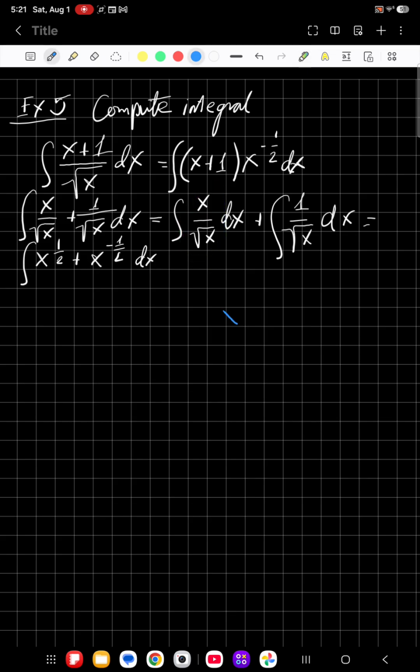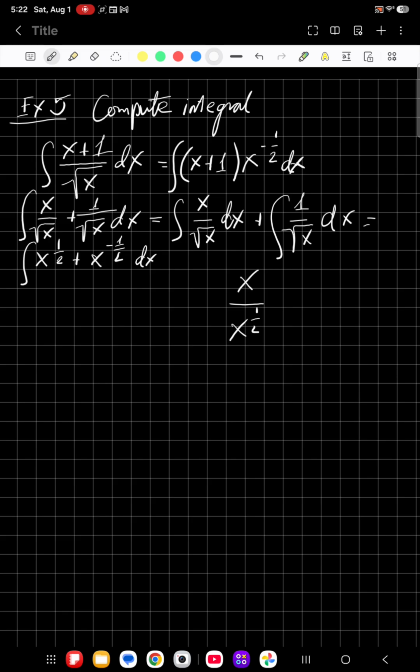I'm dividing, so it's x to the first power over x to the half.